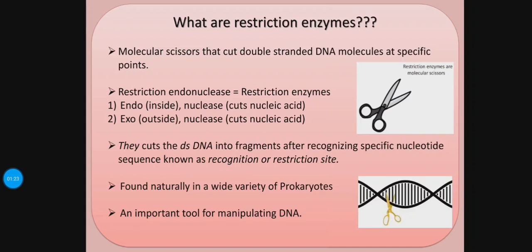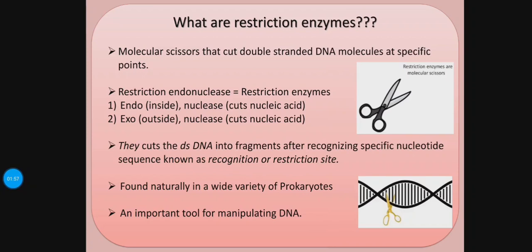So why is the name restriction enzyme? Because this enzyme has a restriction for the cleavage, and this enzyme can be used to cut the DNA sequence, or we can say break the phosphodiester linkage or bond between the nucleotides, and it results in breaking the DNA into different segments. And that's the specificity and uniqueness of restriction enzyme.